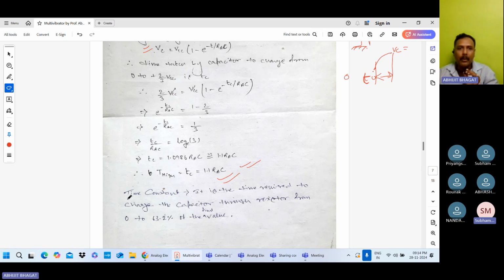Next is the time constant. What is time constant? Time constant is the time required to charge the capacitor through a resistor from 0 to 63.2% of the final value.